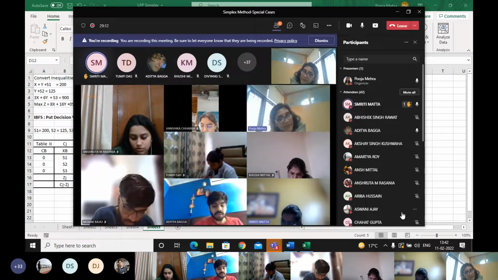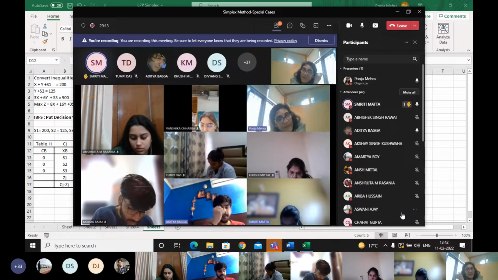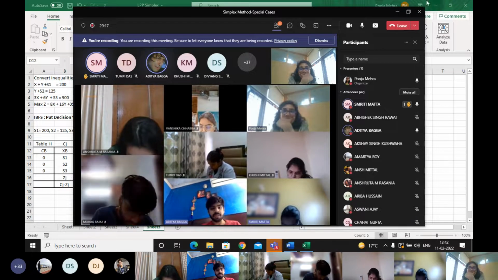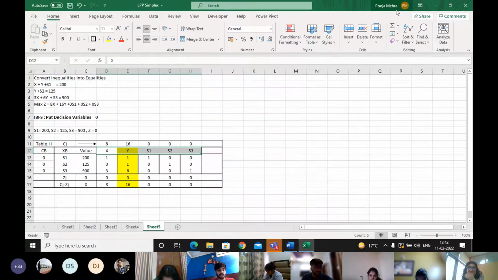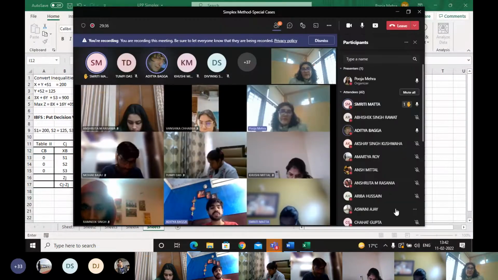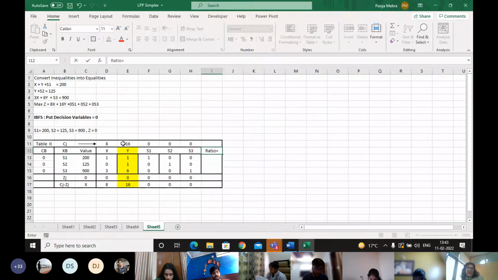Ma'am, the condition for maximization is Cj minus Zj should be less than or equal to 0. Otherwise, the most positive. So we have selected the most positive value.